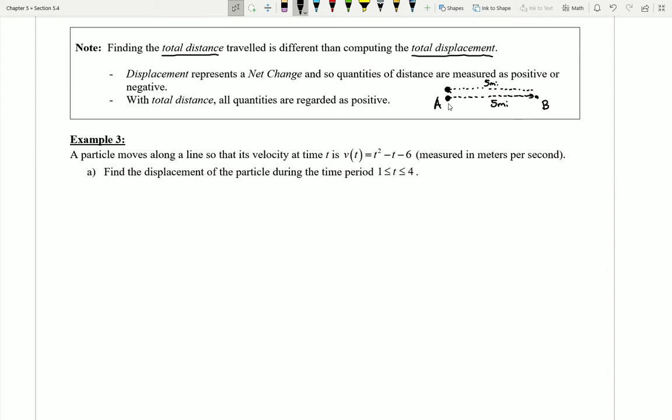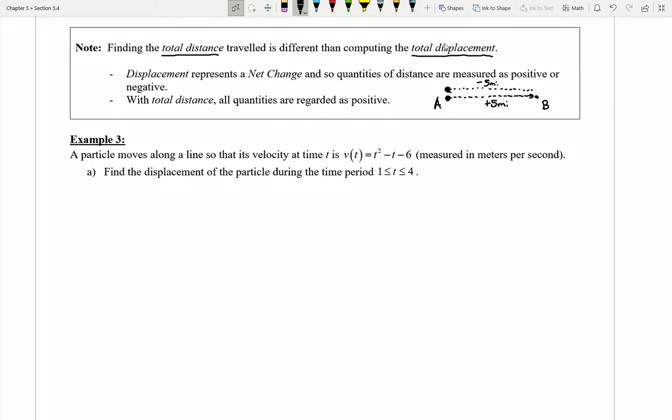Because displacement is going to think about this 5 miles moving away as a positive 5 miles, whereas the mileage coming back is going to be thought of as negative 5 miles, and so we end up with 0 miles difference from where we started. So when I think about total distance, I'm thinking like an odometer. If I'm thinking about displacement, I have to think about where my end position is relative to my start position.